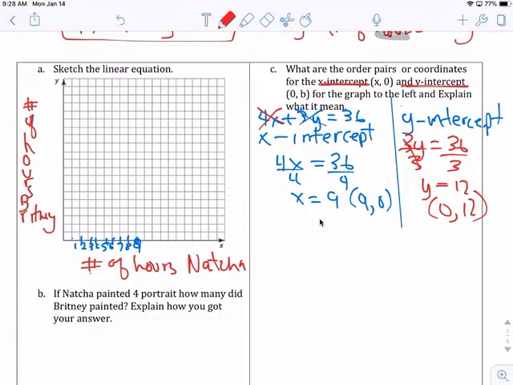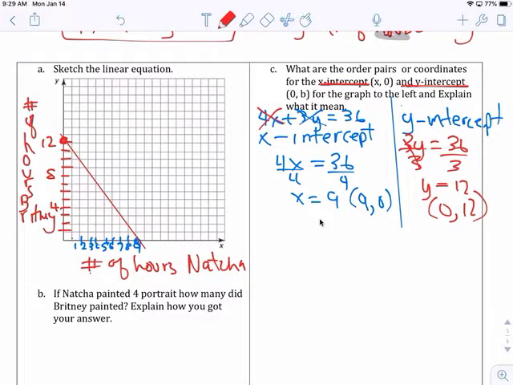Okay. Alrighty, 1, 2, 3, 4, 5, 6, 7, 8, 9, 10, 11, 12. (0, 12) is there. Let's sketch that graph. Right there, that's your graph. That's easier than slope-intercept form.